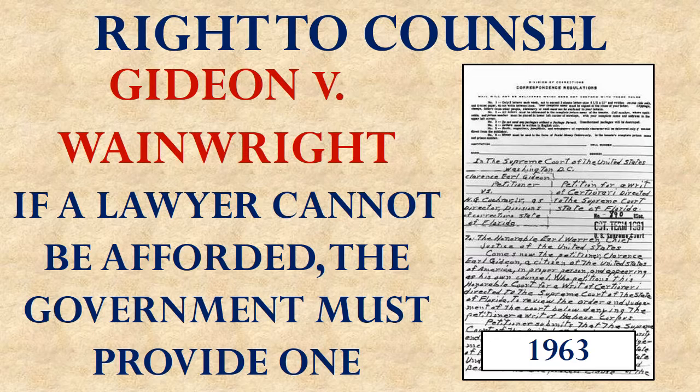And basically the argument that he made, that the Supreme Court accepted, that then became the law of the land because of their interpretation, was if a person can't afford a lawyer, the government must pay for one for them. The United States Supreme Court declared that to be an element of due process, that in order to fairly take away somebody's life, liberty, or property, you have to make sure that they have a lawyer to help them, and if they can't afford one, the government has to get one for them.